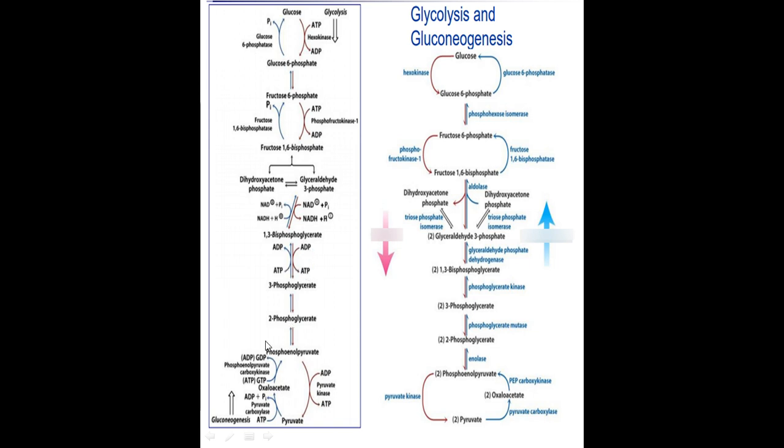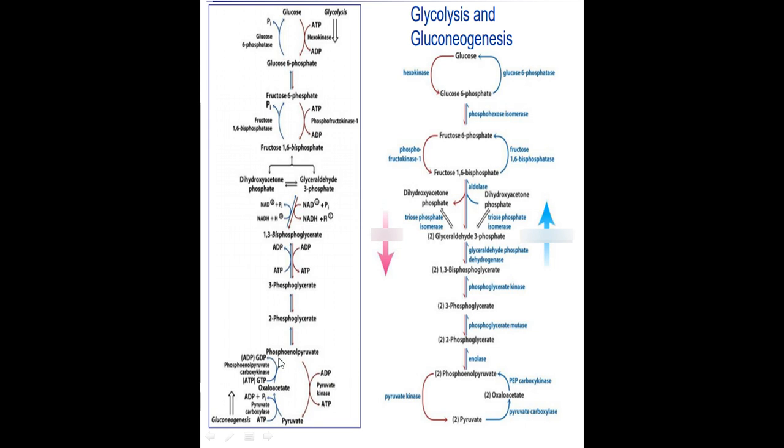The next step which differs in glycolysis and gluconeogenesis is the conversion of phosphoenolpyruvate to pyruvate. This reaction in glycolysis occurs through substrate level phosphorylation to produce ATP. So here we produce ATP by the enzyme pyruvate kinase, which adds a phosphate group from the substrate, phosphoenolpyruvate, to ADP to produce ATP.